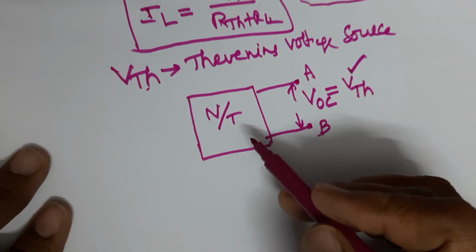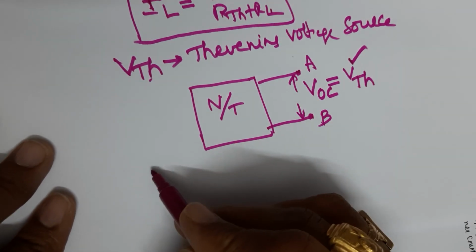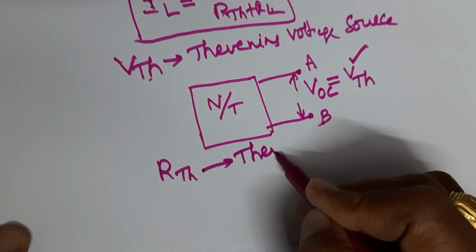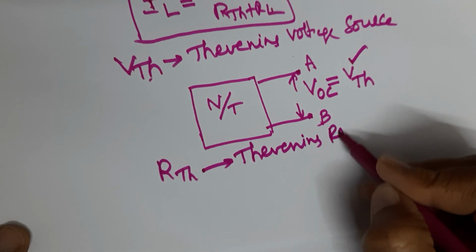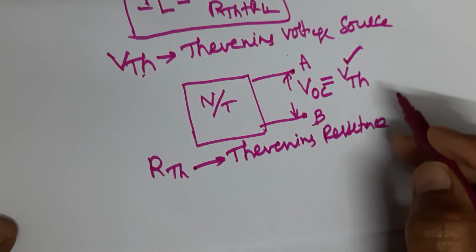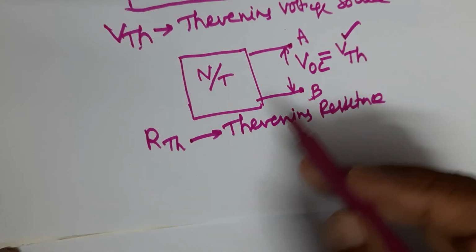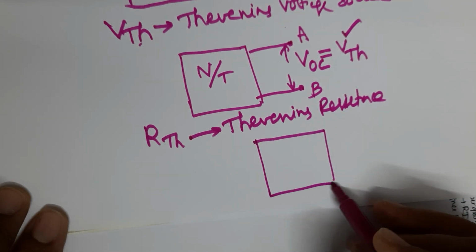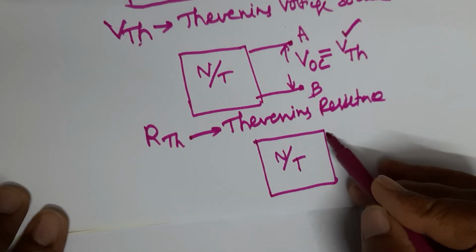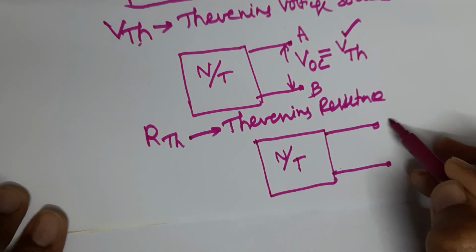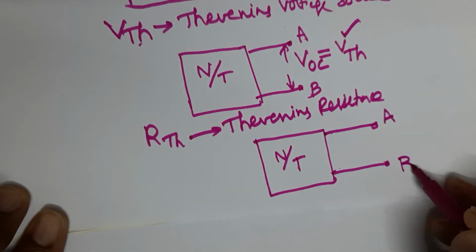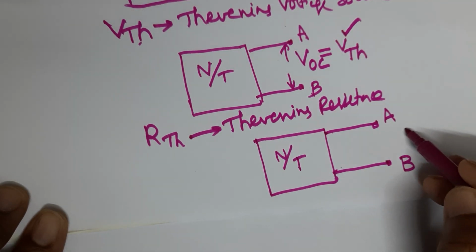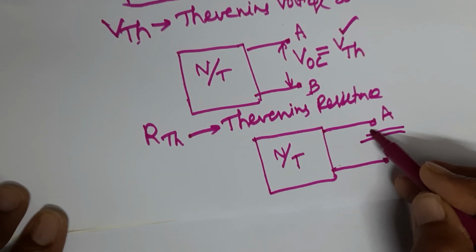In the same way, we can also find the single resistance known as RTH. What is RTH? RTH is the Thevenin's resistance. Thevenin's resistance is the resistance that can be obtained again from the given network, and from the given network we have to view from the open-circuited terminals, that is, across the terminals A and B, we are going to view from the output terminals into the network.